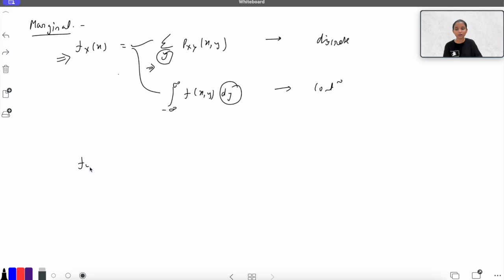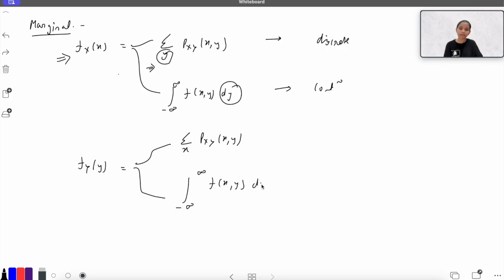Similarly, when you are finding the marginal corresponding to y, you do the same thing: sum over the values of x in the discrete case, or integrate with respect to x in the continuous case. Then you will get the marginal for y. This is for the continuous and this is for the discrete case.